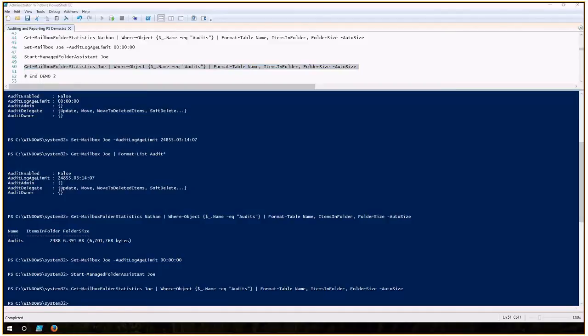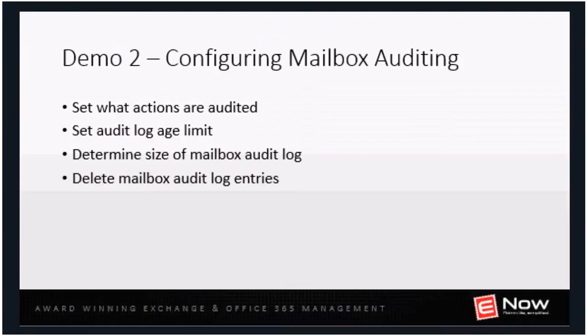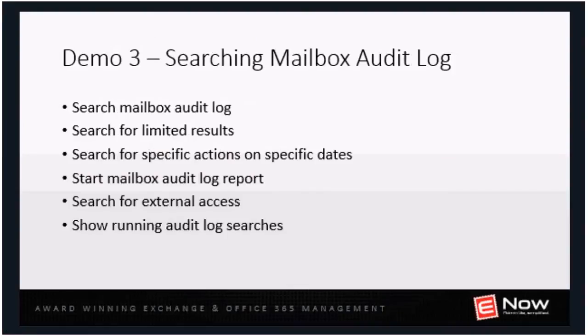All right, so our second demo is done. Go back to my slides here, just one second. All right, so the third demo I'm going to do, we're going to talk about searching the mailbox audit log. I'm going to show you how to go through that audit log, see who's done what, when.